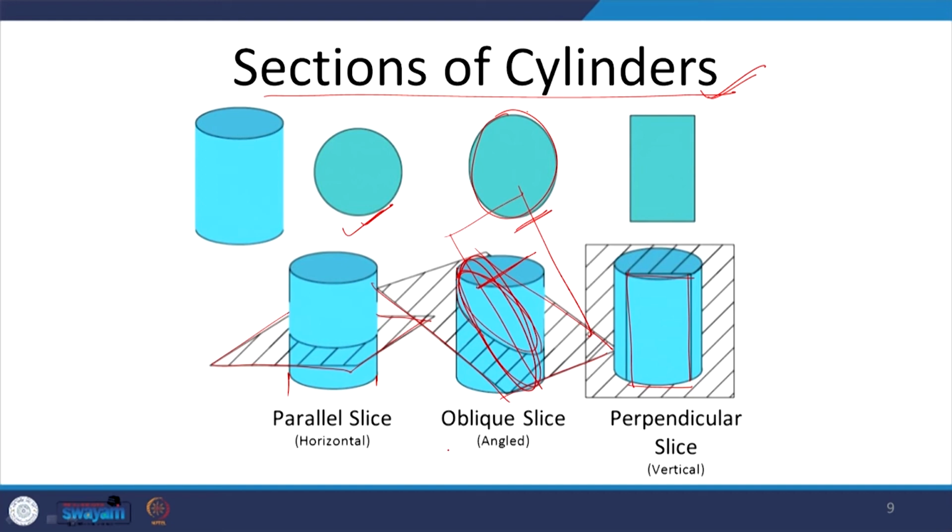Once we start doing it, then you will realize, but you just have to remember that the oblique slice of a cylinder will always be an ellipse, and the perpendicular slice of a cylinder will always be a rectangle, and a parallel slice of a cylinder will always be a circle.